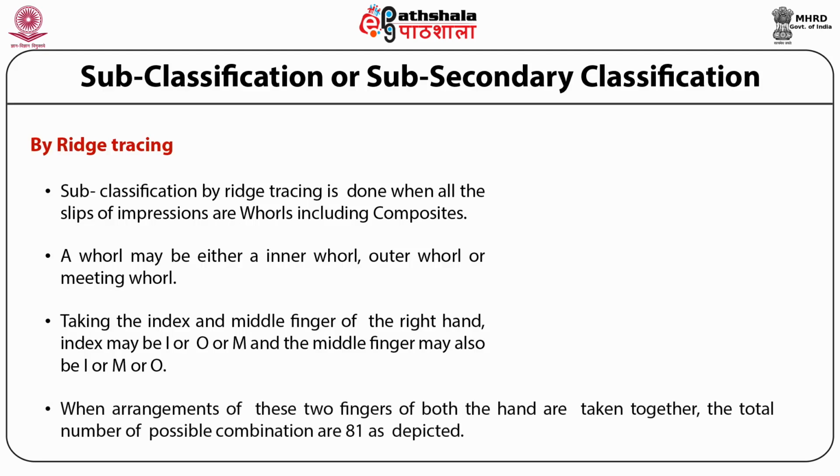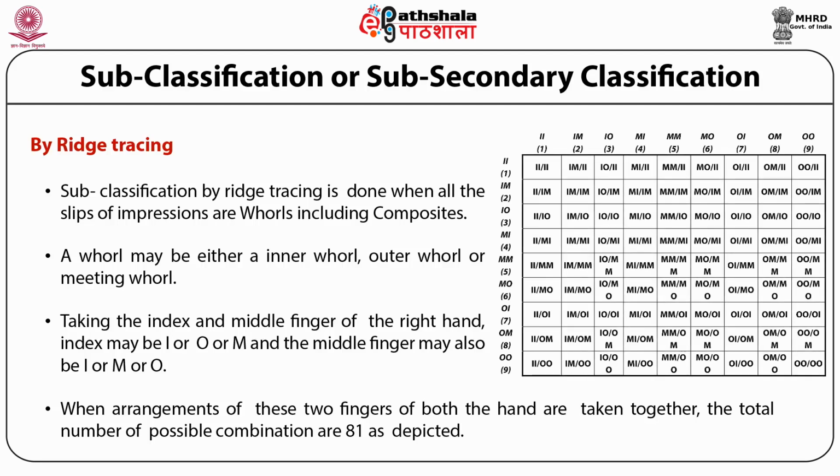When a similar arrangement of these two fingers of the left and right hand are taken together, the total number of combinations rises to 81. Each of these becomes a separate identifiable group. The diagram is depicting 81 arrangements.